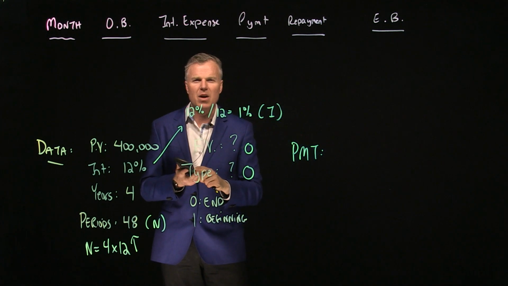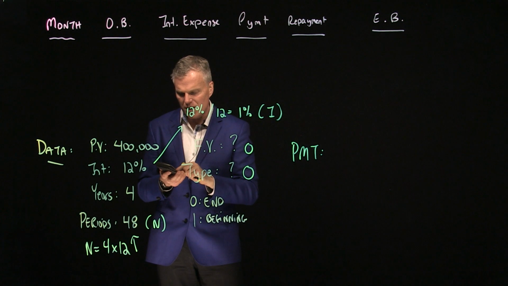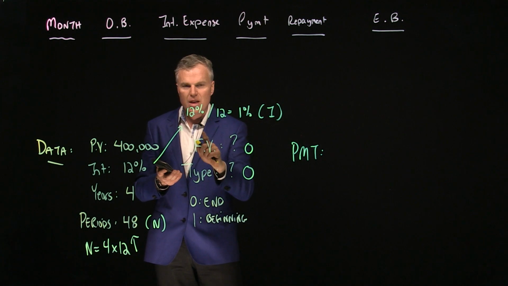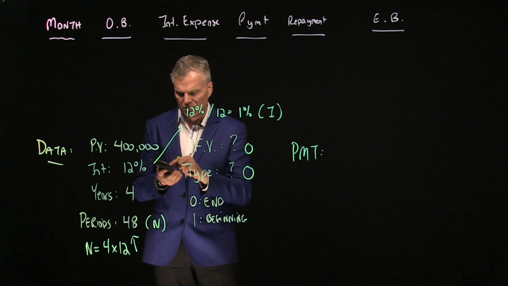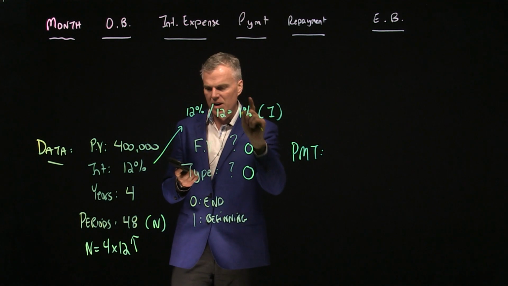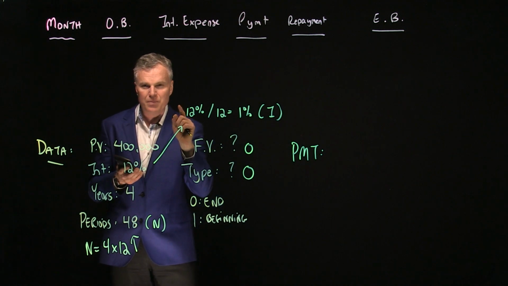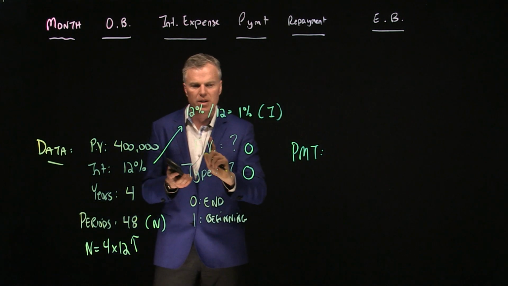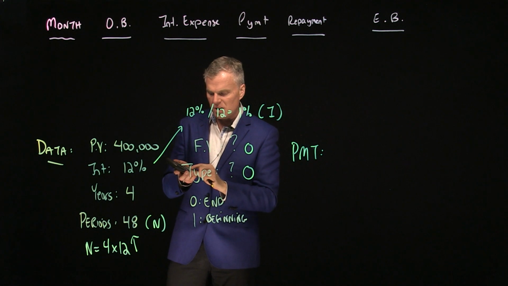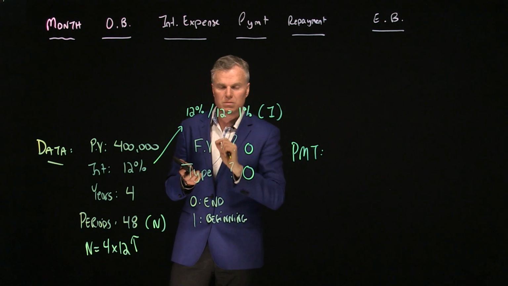So I'm going to set this up now and enter this information. 400,000 is what I'm entering, and then I hit PV. Then I hit 1 for my I/Y because that's my interest rate. Then 48 N because that's the number of periods. Then 0 for future value.